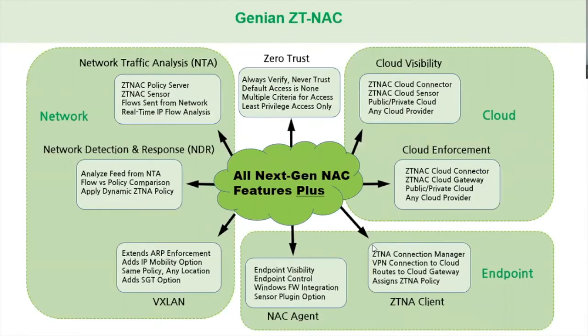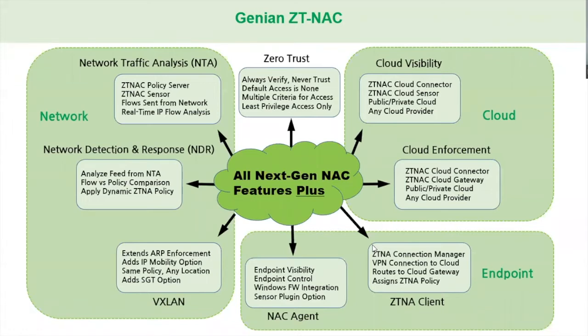So if we look forward, what we need to take into account is now there is much more that we need to take into consideration, especially with the adoption of cloud taking place. Now you have to be aware of what's going on in the cloud and be able to enforce policies. So all of your next generation NAC components still have to be there because you have on-prem networks.